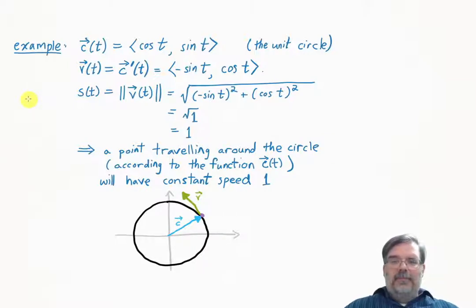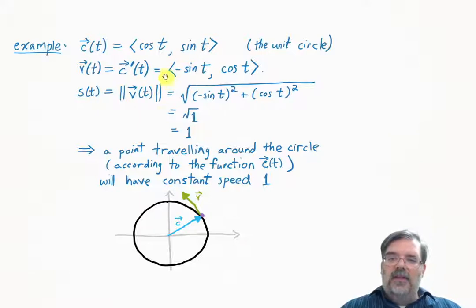As another example, let's say we have the function c of t. So we discussed in the previous video, that's the function corresponding to the unit circle, cosine t, comma sine t. If we calculate the velocity function, c prime of t, that's negative sine t, cosine t. Let's say we also want to calculate the speed function.